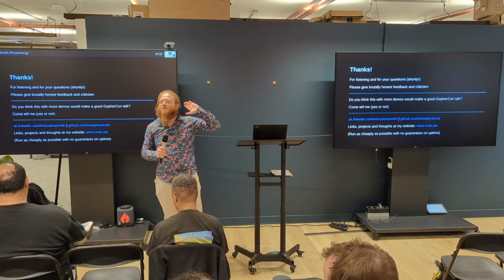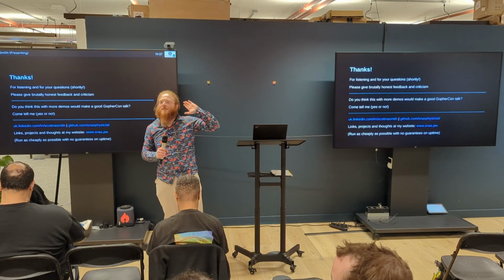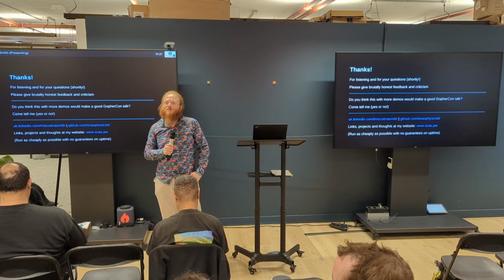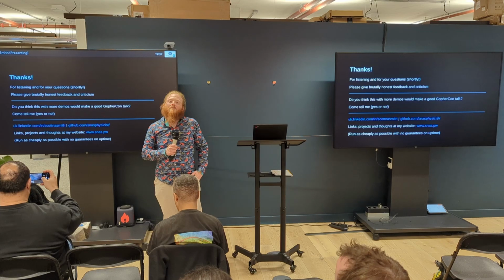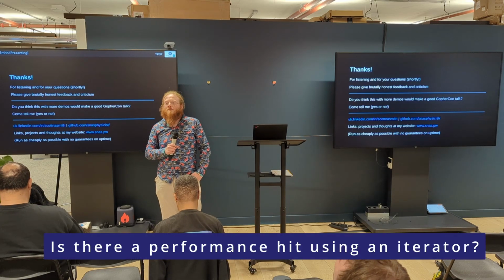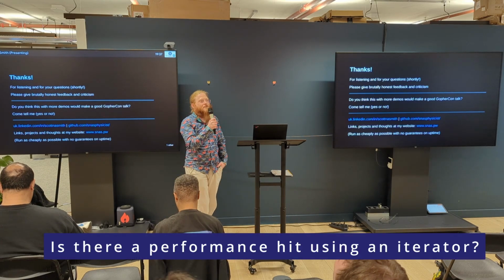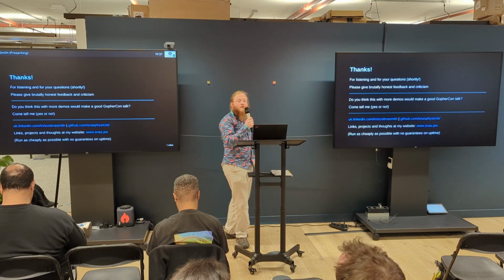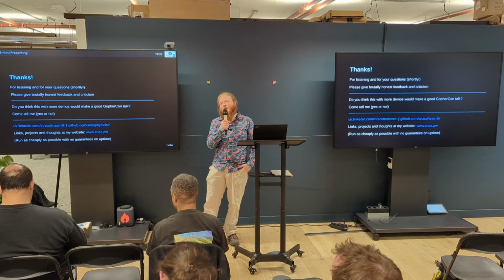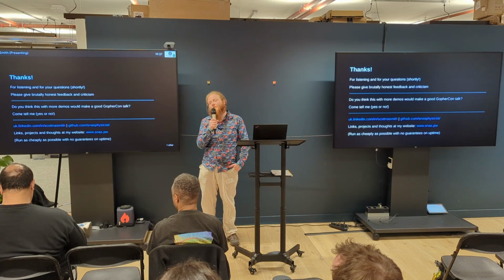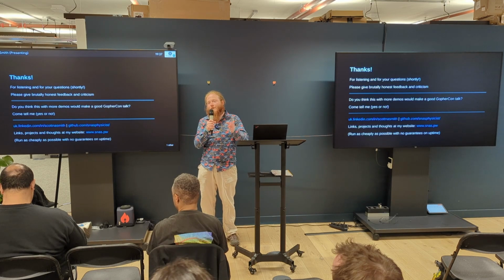Is there a performance hit by using an iterator over something else? Interesting. So I don't know is the honest answer, because I don't know how much trickery the compiler and the runtime is doing to get rid of the overhead.